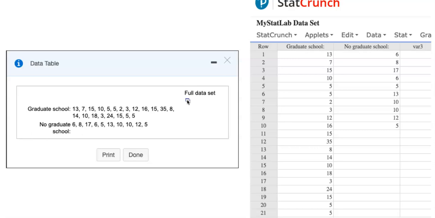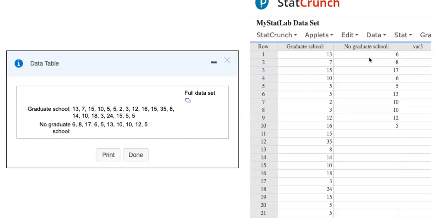But the big thing that I wanted you to notice is this. Notice how more people are planning to go to grad school, and fewer people are not planning to go to grad school, right? So the sample sizes, n1 and n2, do not have to be equal. Earlier, when we did the degrees of freedom, that was simply n-1, right?